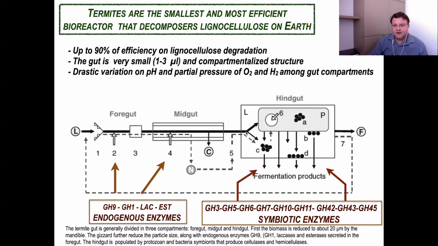Then the digestive material is directed to the hindgut, which is populated by symbiotic microorganisms. These microorganisms utilize this digestive material, and this metabolism results in fermentation products, which are the main source of nutrition of the termite.